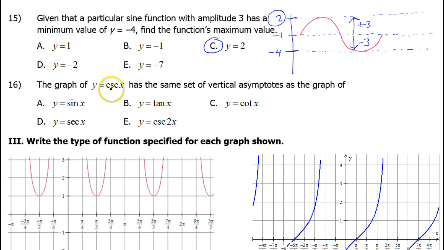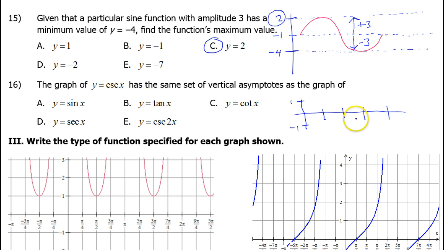Cosecant is a reciprocal of the sine function. So if I do a quick sketch of this thing, here I go, 1, 2, 3, 4. And this is going to be 1, and this is going to be -1.